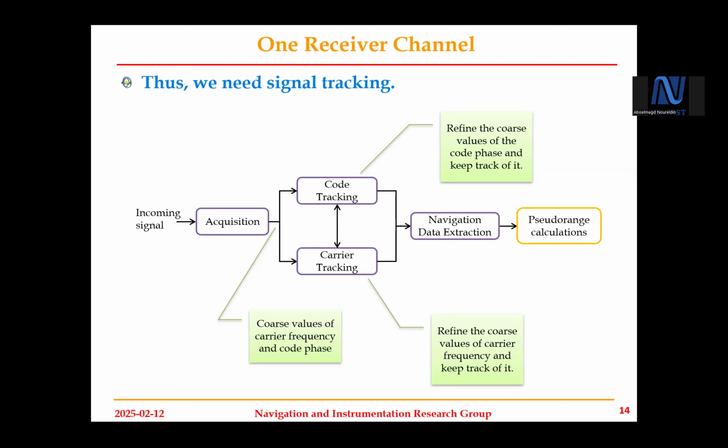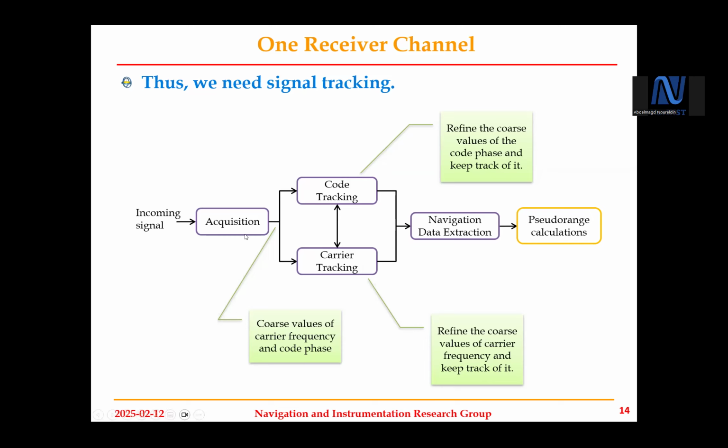So what's the purpose or the job of the tracking system or loop or block as you see here? It's to refine the initially estimated variables and to keep tracking them so that we can stay aligned with the incoming signal. Again, the acquisition provides rough estimates. The tracking, on the other side, refines those quantities and maintains them, which ensures we extract the right navigation information out of the receiver.